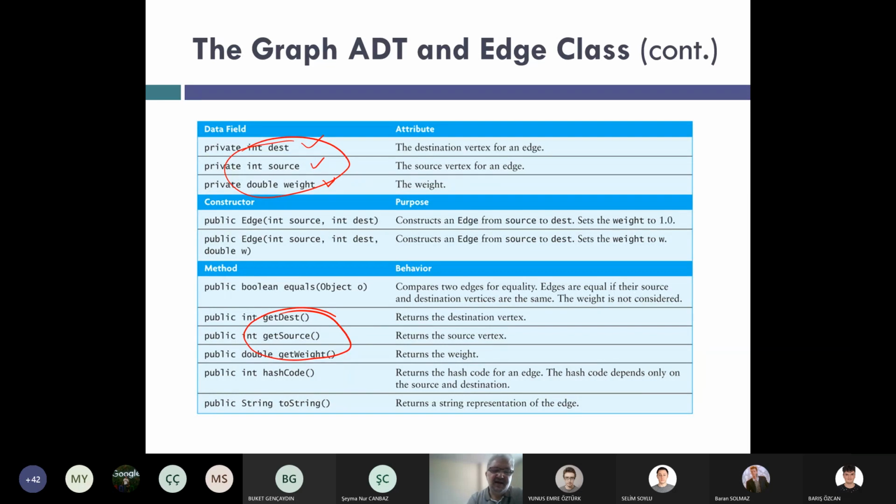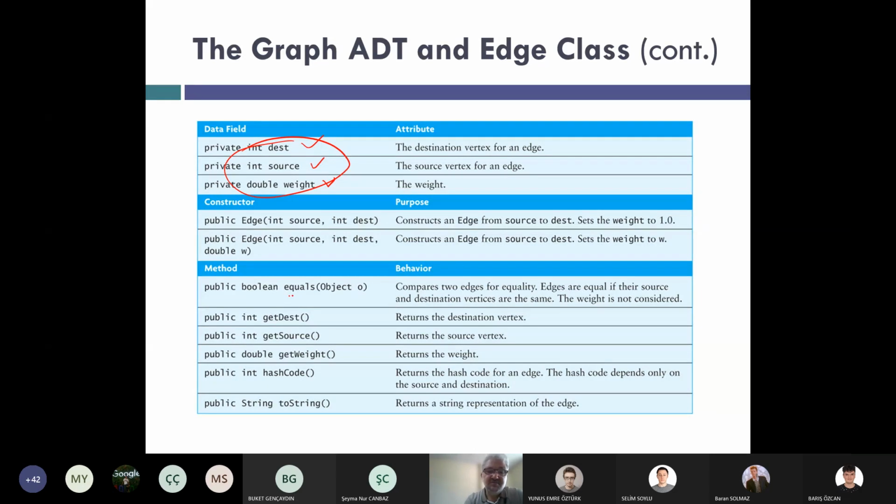Also, as you see, hashCode and equals are redefined or written here. They have to be redefined together. If you redefine equals, you should redefine hashCode as well, as we have covered previously. So both are overridden here.